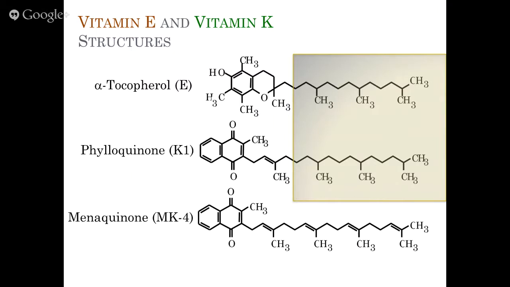There does not seem to be any interaction. And what's interesting about vitamin K is phylloquinone, that structure in the middle, is present in plants. The body actually takes the K1 and turns it into MK4. And probably the most active site for this is the brain.